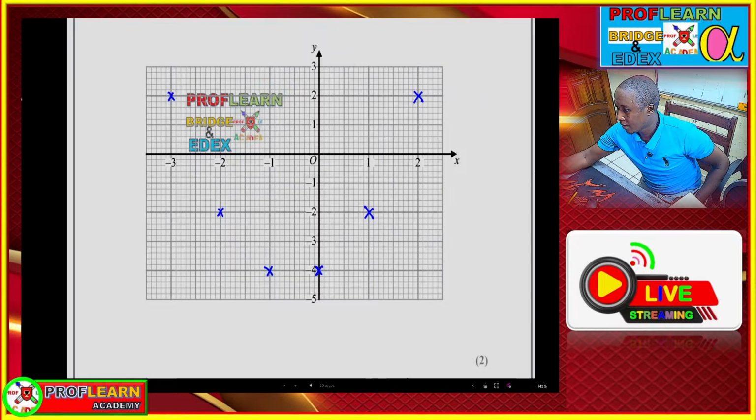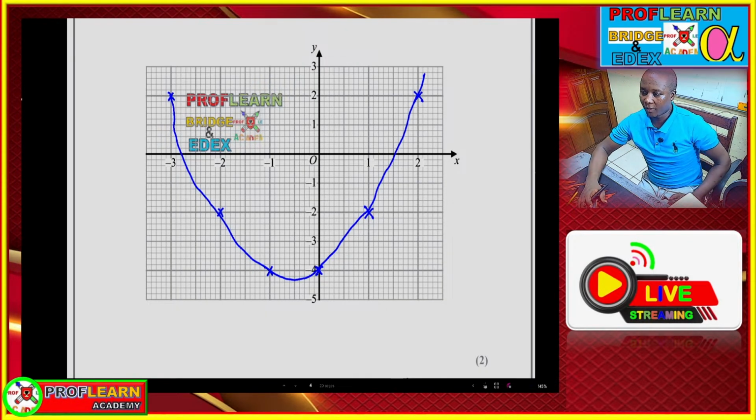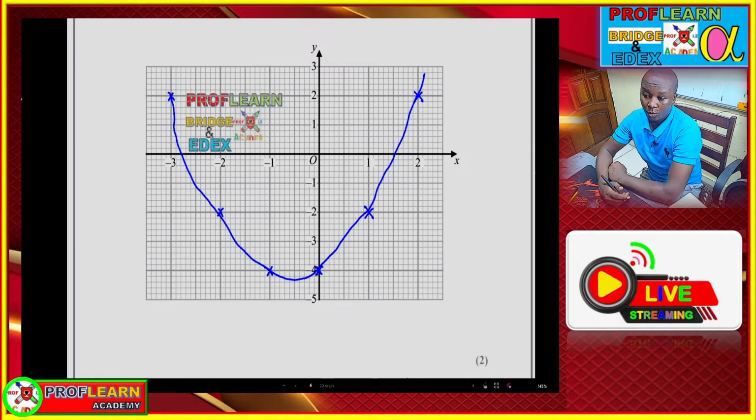Let me just try to see if I can use this software and draw my curve to be a smooth curve like that. But I know you can do better than this, because I'm drawing this on my computer.